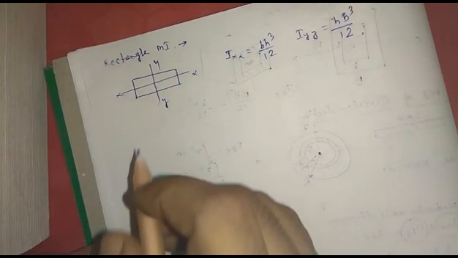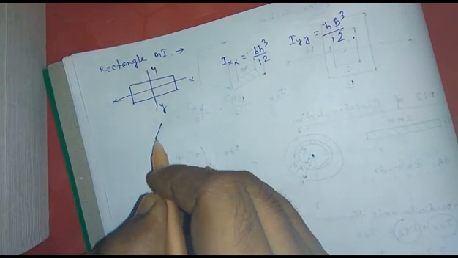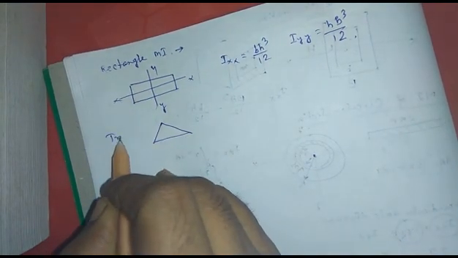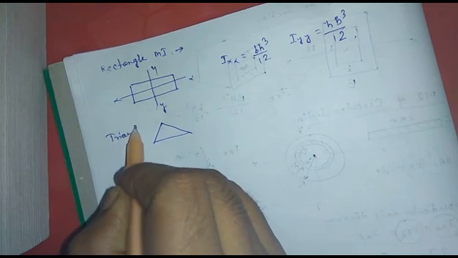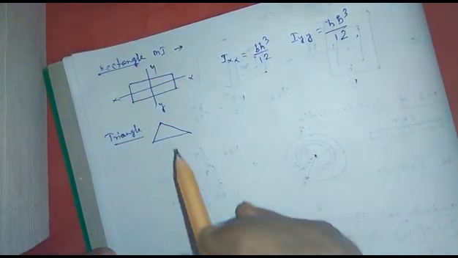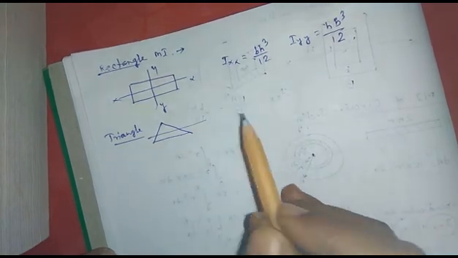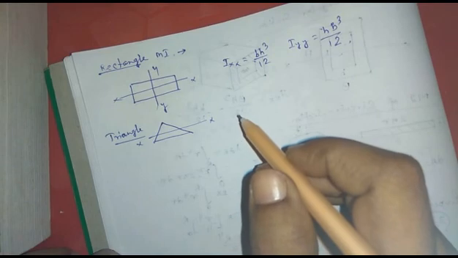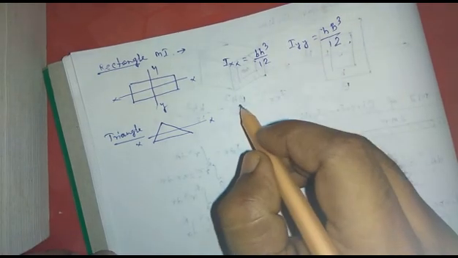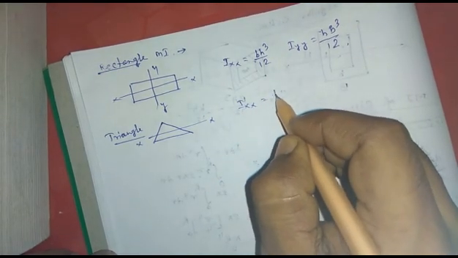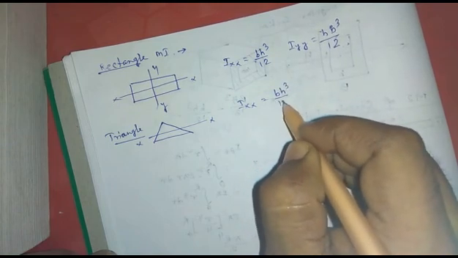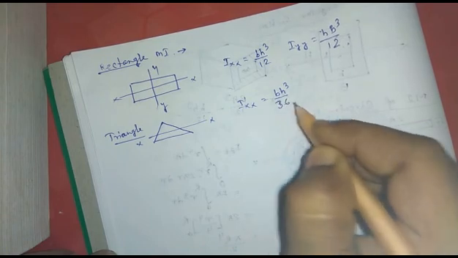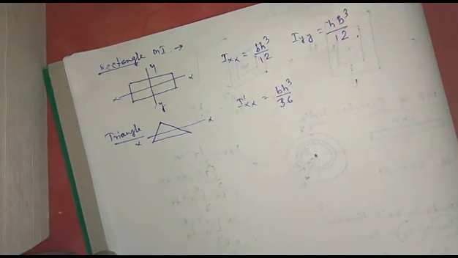Okay, so then we developed the moment of inertia of a triangle, say this is the centroidal x-axis, and the moment of inertia of this triangle about the centroidal x-axis was bh cubed by 36.